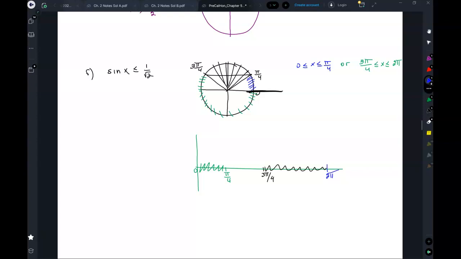Do you see how these are disjointed regions if you do it on a linear scale? So here too, if you unwrap this, they're disjointed regions. So you've got to have two separate inequalities. Is that making sense to you guys? Okay, and then also pay attention to if this is less than or equal to, because then this will change as well.